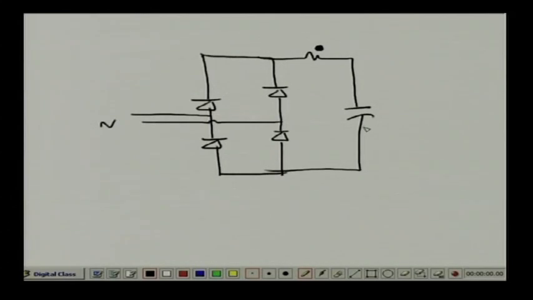Now, initially this thermistor will offer high resistance, and the capacitor will charge slowly, because since it is high resistance, it will not charge fully at this time. Then as time goes on, as the current passes there will be self heating.